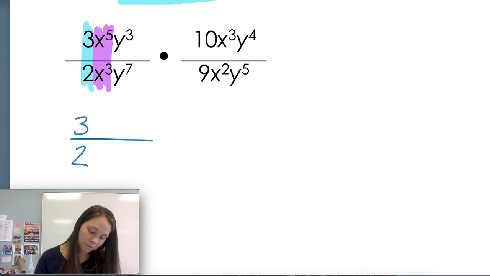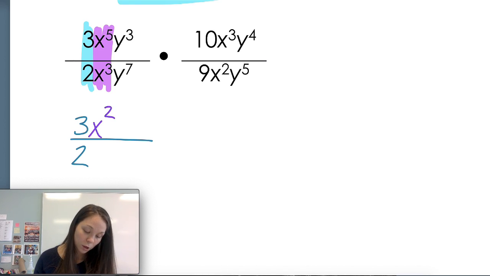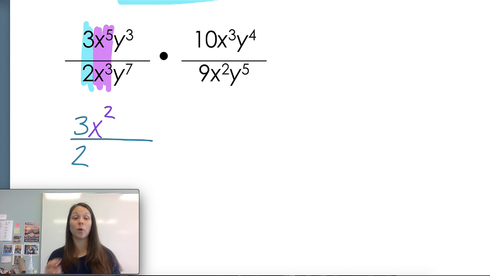I have x to the 5th over x cubed. Well, I subtract those exponents with a common base, so the difference between 5 and 3 is 2. X to the 5th was in the numerator, which was the higher exponent, so I know that the difference between those exponents is going to go in the location of where the original largest exponent was. So x squared will go in the numerator.